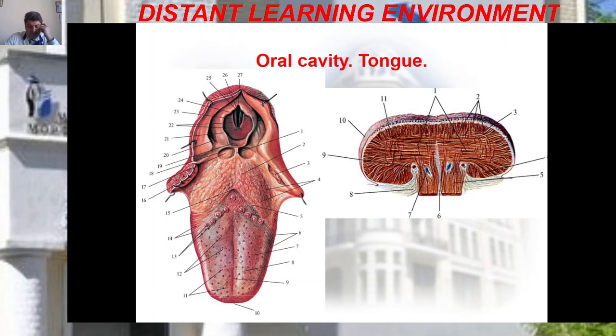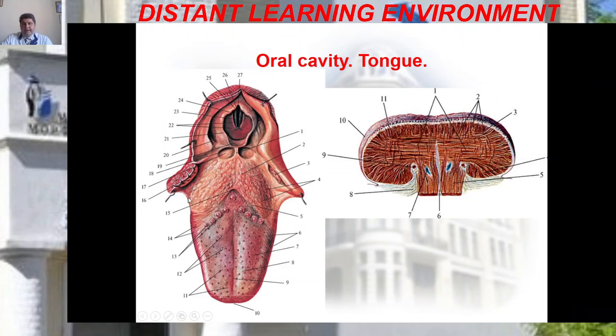So this is a muscular organ which is covered with mucous surface, mucous tunic with papillae, and the tongue is the organ of gustation, as you know, because it has the gustation papillae on the dorsal surface.